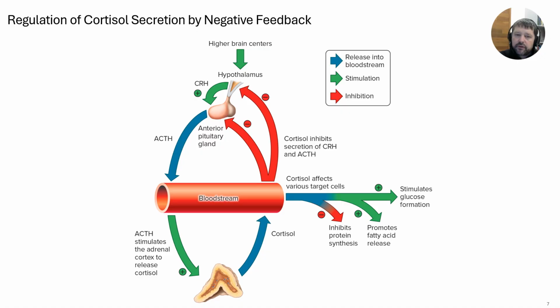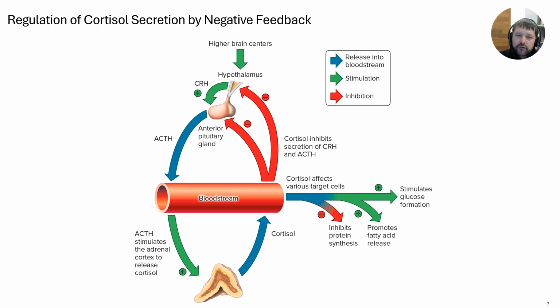In this case, the thyroid gland's not associated with it, but you have the hypothalamus, which is going to secrete a cortisol releasing hormone, I'm sorry. So it's going to secrete a cortisol releasing hormone. The anterior pituitary gland.